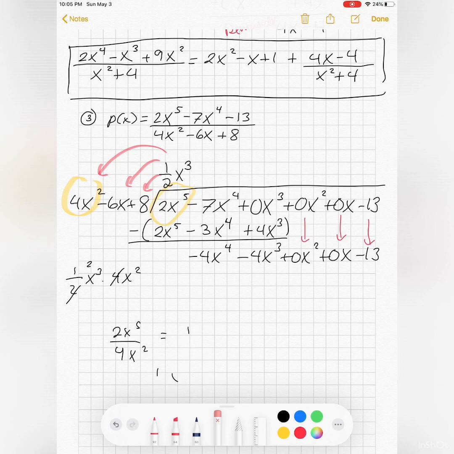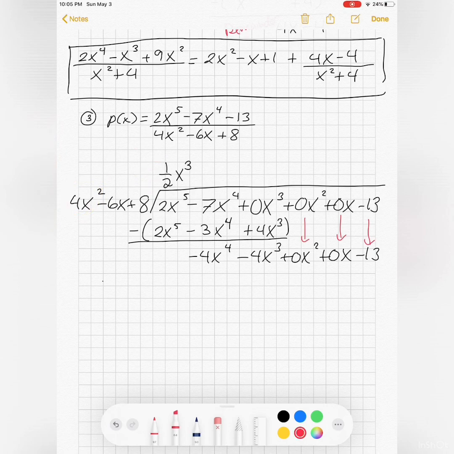So now I'm going to be taking the negative 4x to the 4th and dividing by 4x squared. Okay, so that's going to be minus x squared.